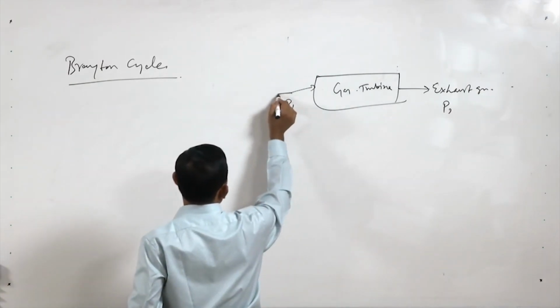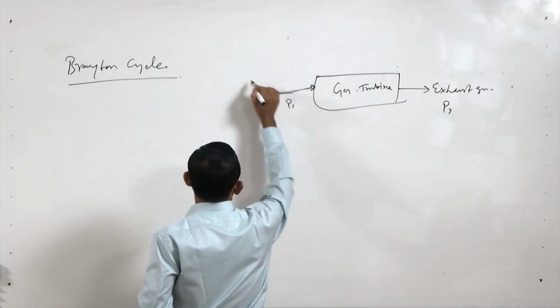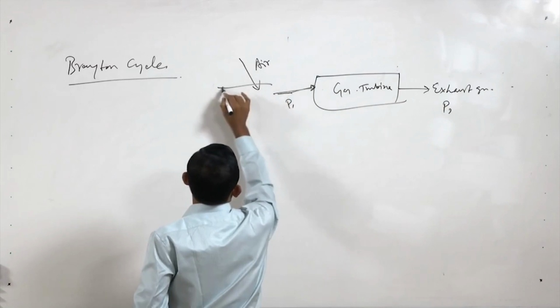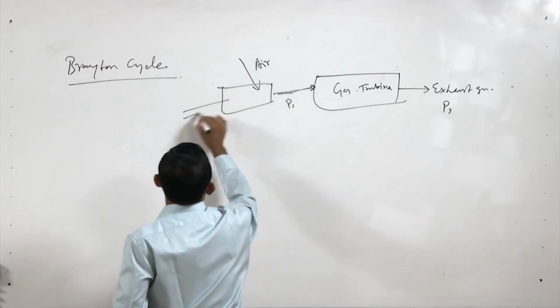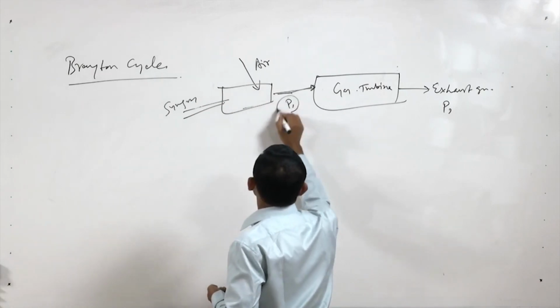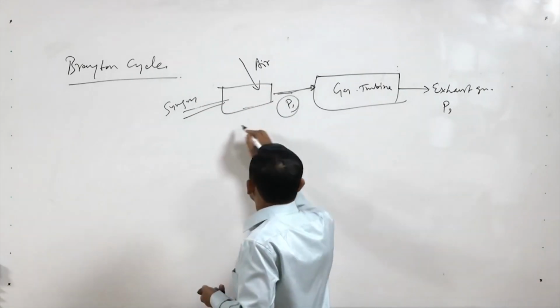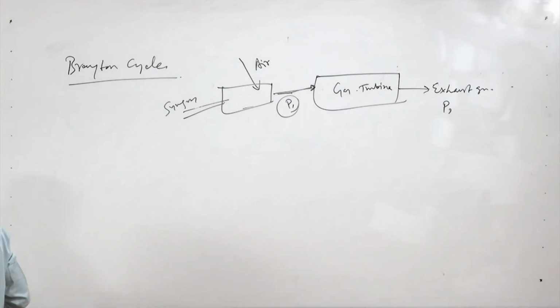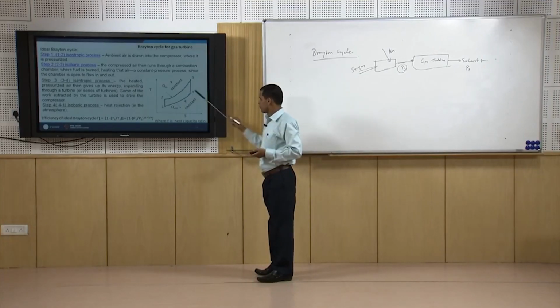Before that, we are using some air and some combustion chamber, say with syngas. So, air is heated, so the pressure is increasing. So, now this is your P1 and this is your P2.